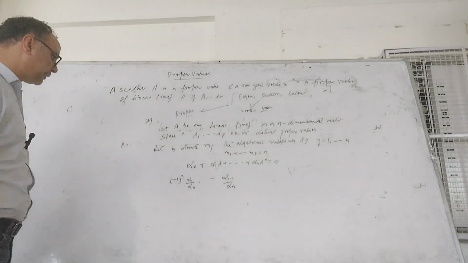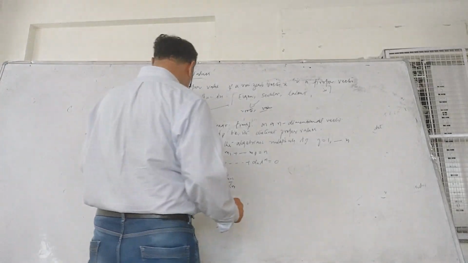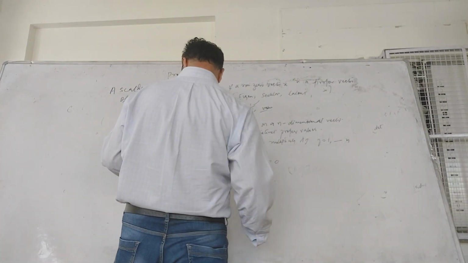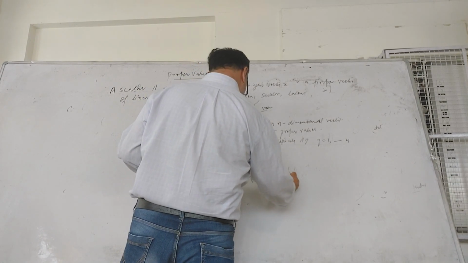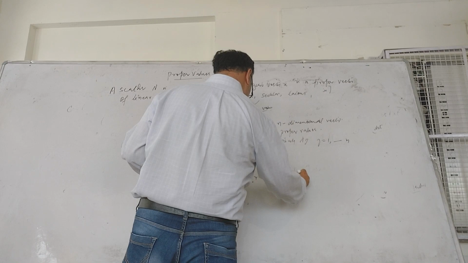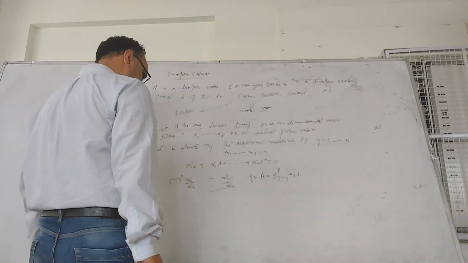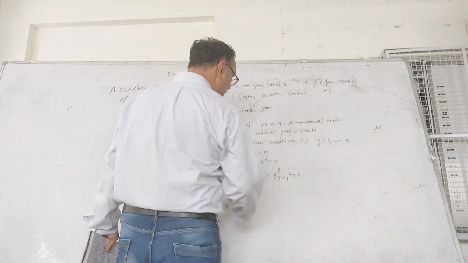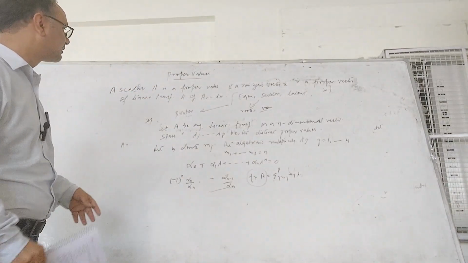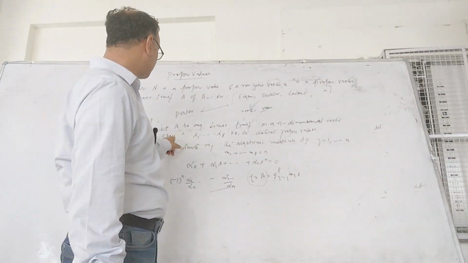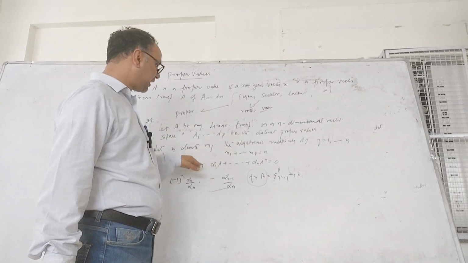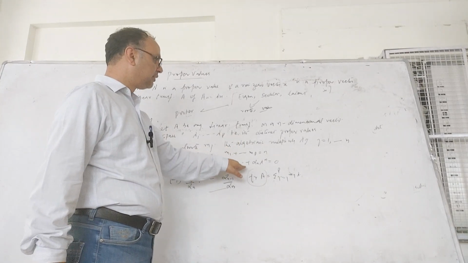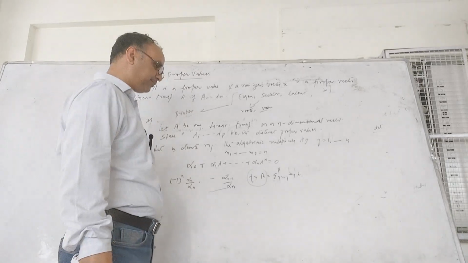So we can write it like this: if A is a linear transformation on an n-dimensional vector space and these are distinct proper values, we can write these in terms of this equation.